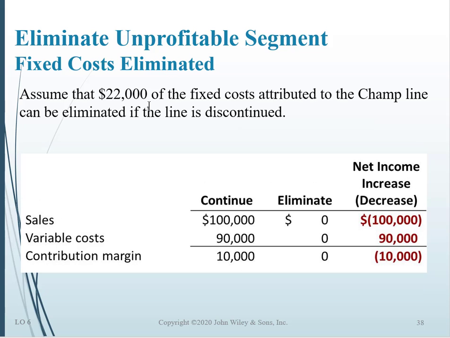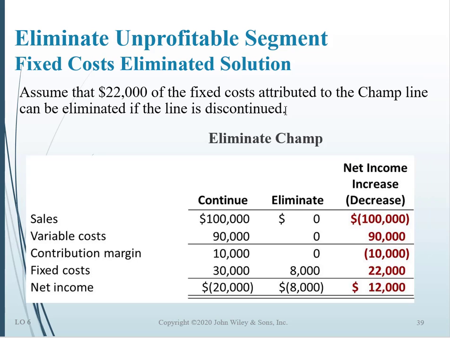What if 22,000 of those fixed costs can be eliminated if the line's discontinued? Essentially, what they're saying here is that part of the fixed costs of Champ will be eliminated if Champ goes away. So we're still going to be stuck with some fixed costs. Here's our contribution margin, negative 10,000.